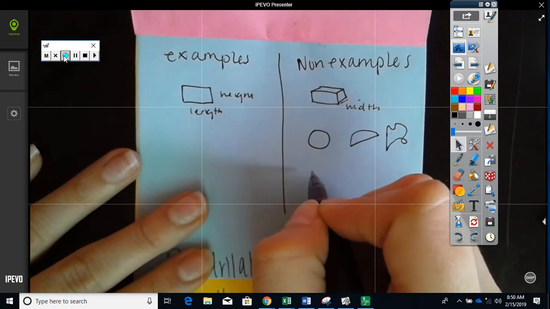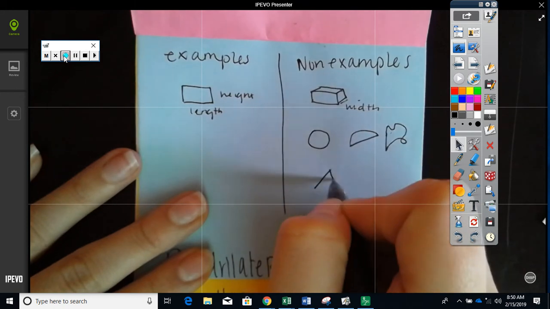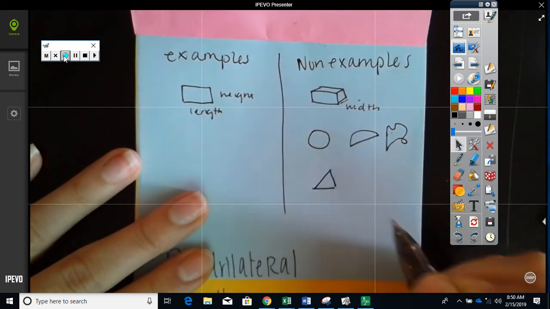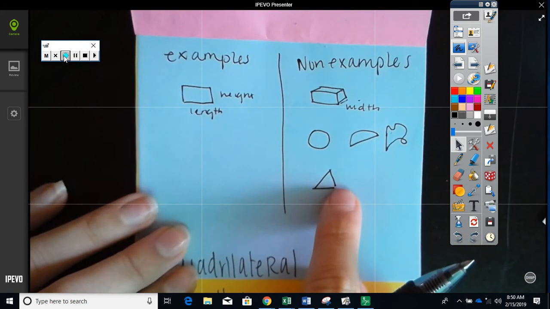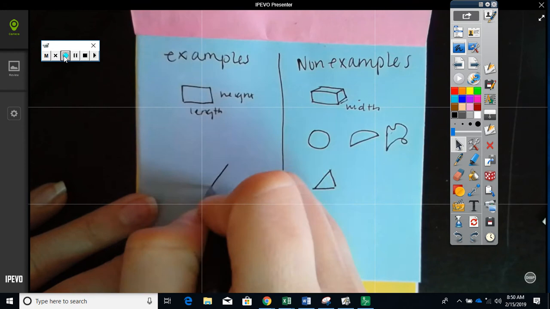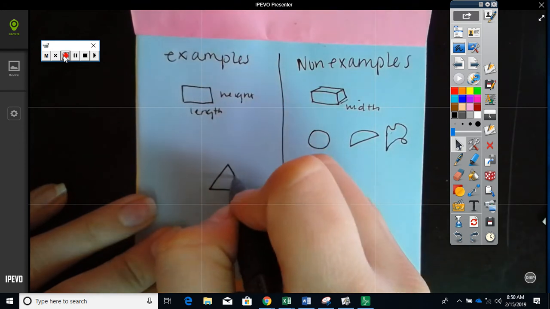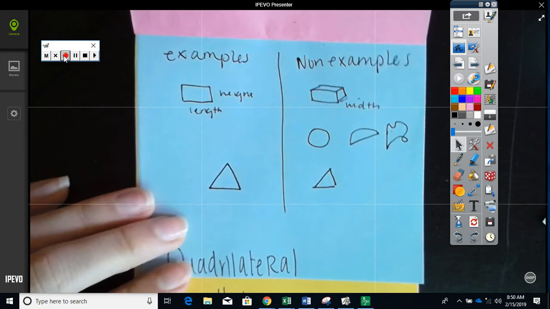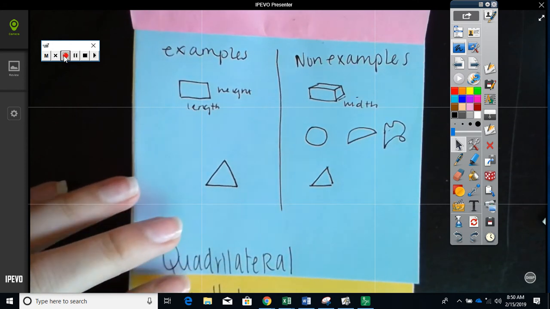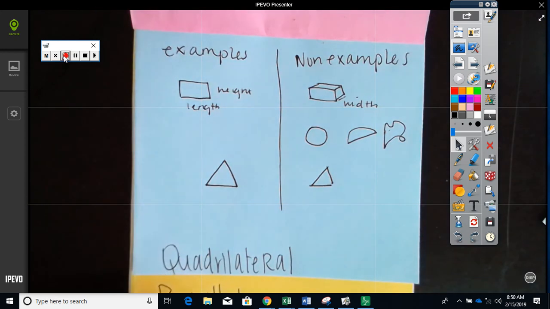It has to be closed. So make sure you leave it closed. I'm sorry, this one's open because it's not connected. It has to be closed, like that. Cannot be open. And that's a polygon.